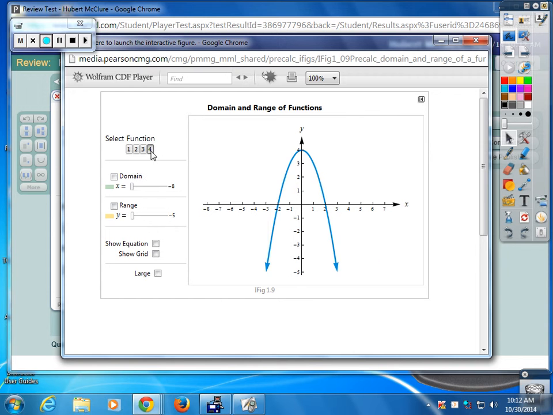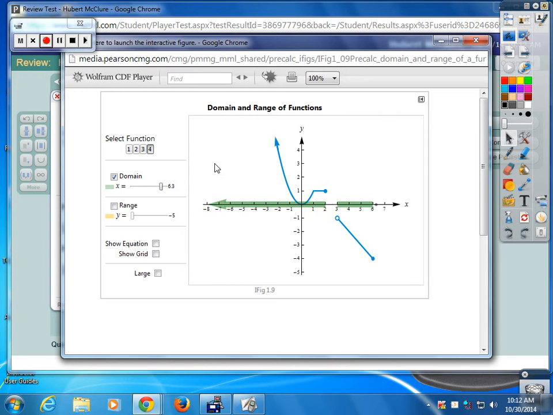What's 4? Another piecewise. Now this one, your domain is from negative infinity to 2, and then from 3 to 6. Can you include 3? No, you cannot.